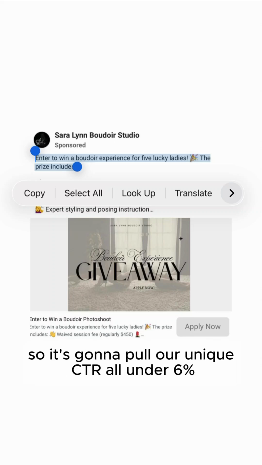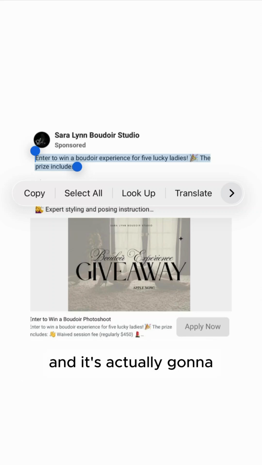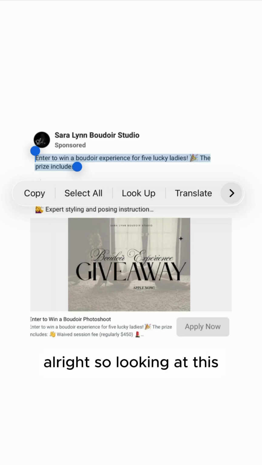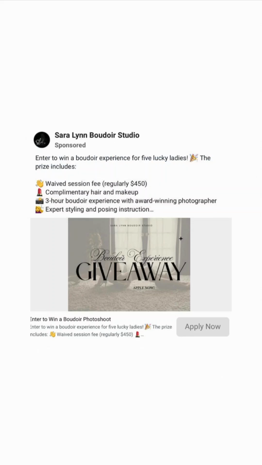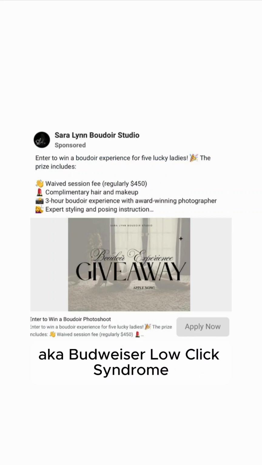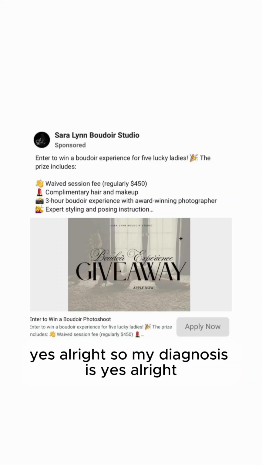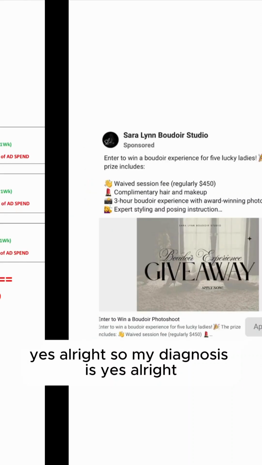So it's going to pull our unique CTR under 6%, and it's actually going to contribute to BLCS, aka Boudoir low click syndrome. All right, so looking at this, we believe this has BLCS, aka Boudoir low click syndrome, and it has a unique CTR under 6%. Yes. All right, so my diagnosis is yes.